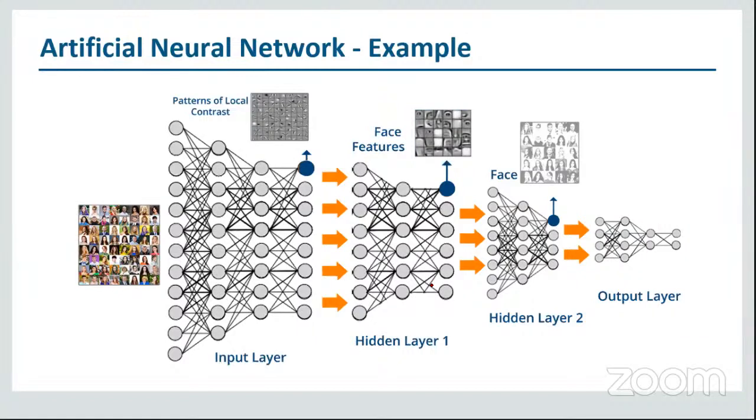First, you have an input saying whether the friend you are trying to look for in the group photo is a male or a female, which means the patterns of local contrast are happening. Because this is a group photo, a lot of people are available in it. You are trying to compare the patterns of local contrast.